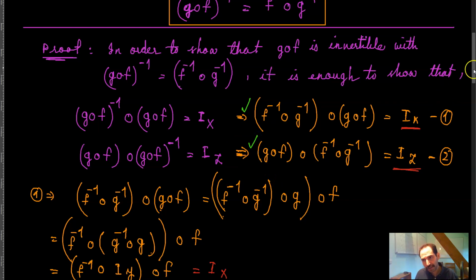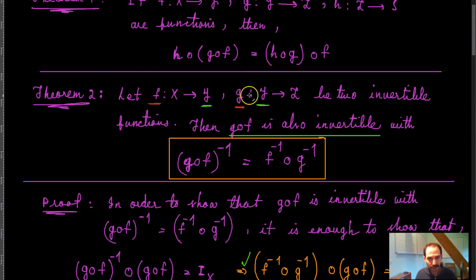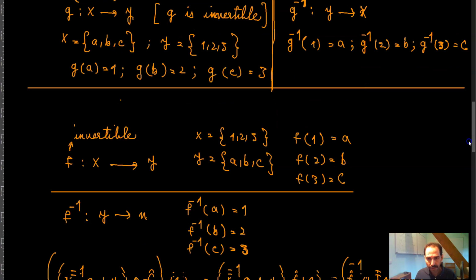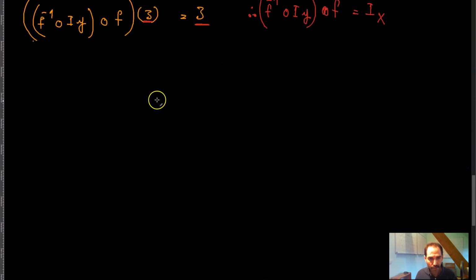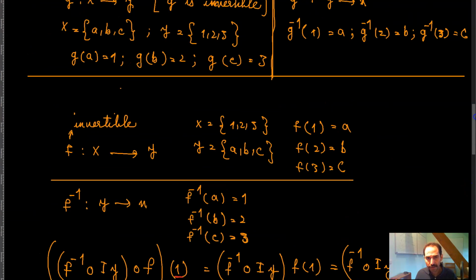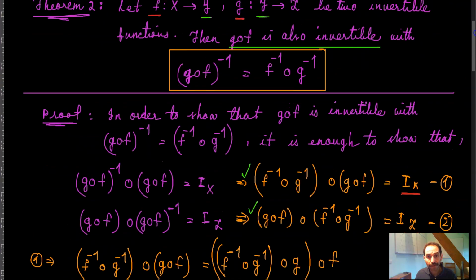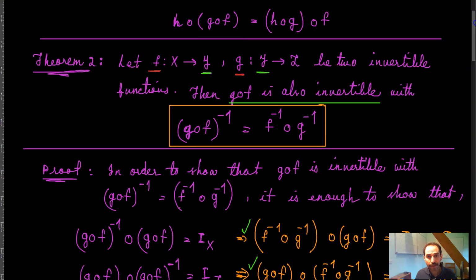And that proves that if you have two functions f and g in such a way that the codomain of the first function is the domain of the second function, and if both of them are invertible, then g of is also invertible. Meaning that if you happen to be a visual person, then you have this x, y, and z.